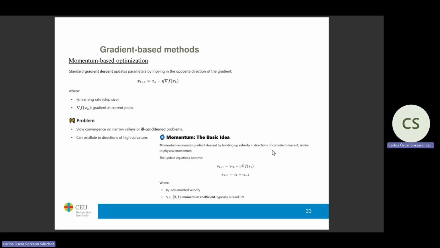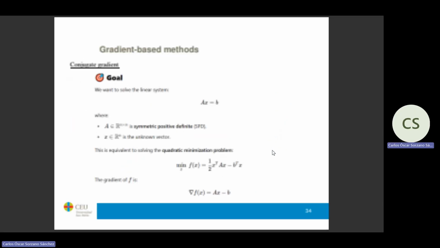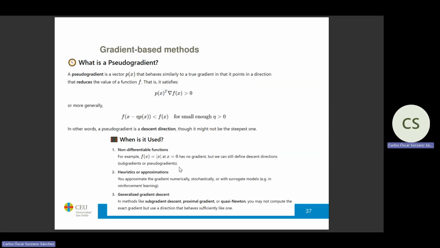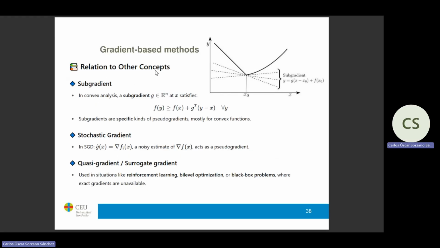Okay, so there are situations in which the gradient is not easy, and then this pseudo gradient can help. And there are many other similar concepts. One of them is the subgradient. A subgradient is a vector g such that this is satisfied.